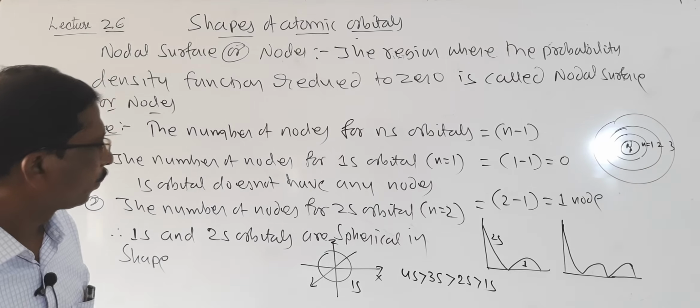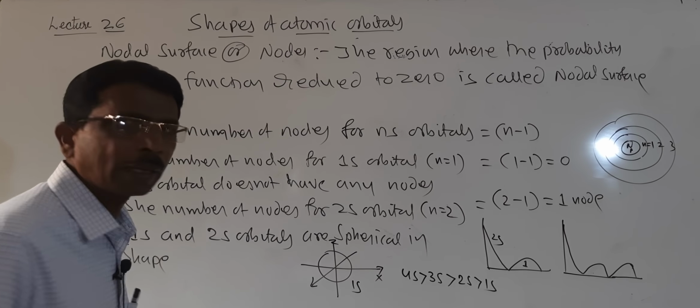So students, here for the 2s orbital, I will show how the node is present.